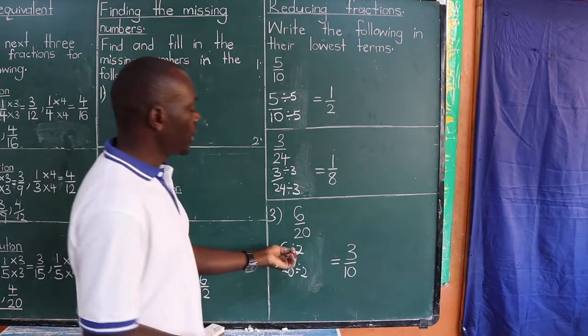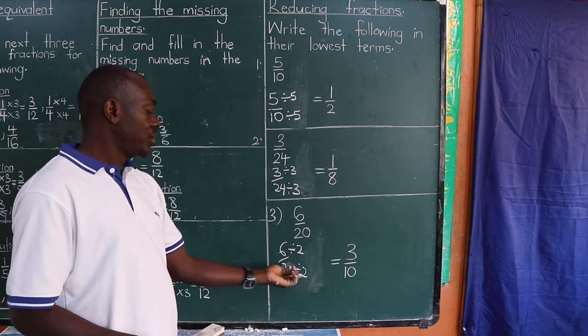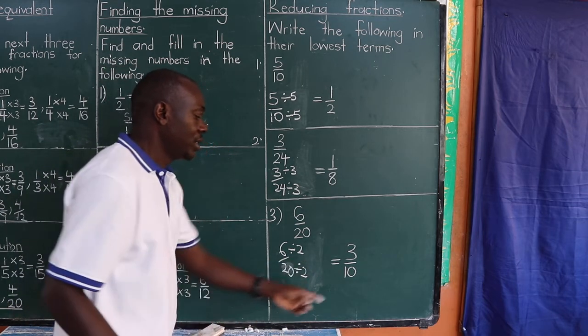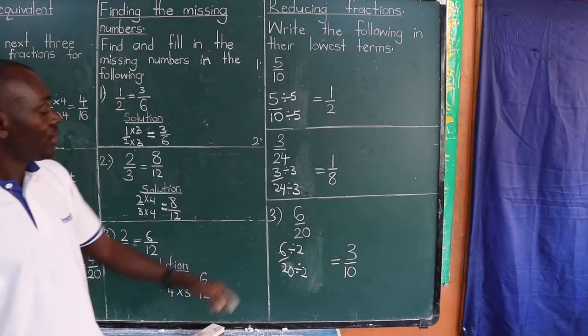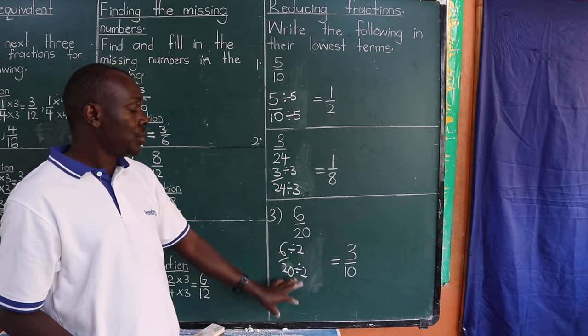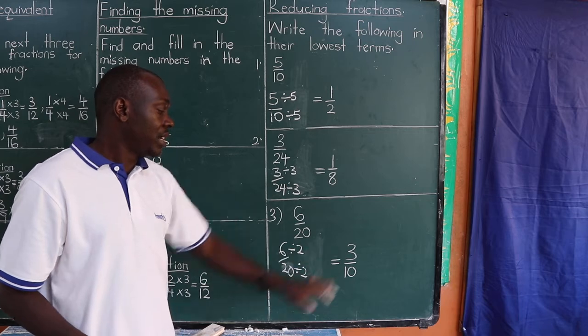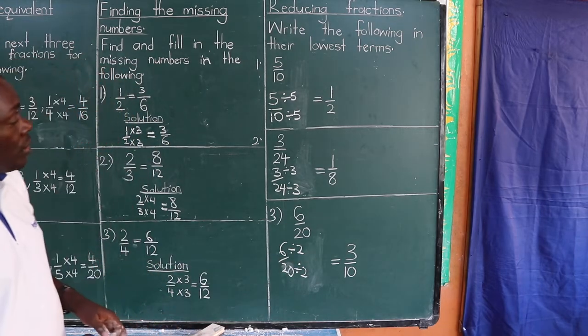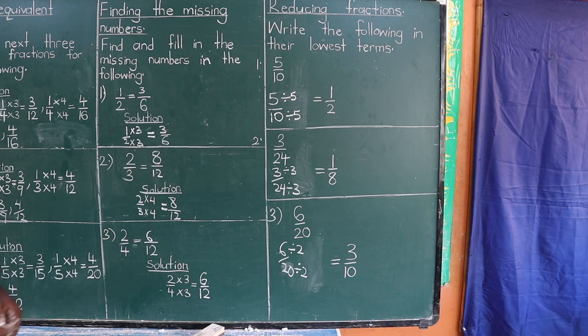So where 6 divided by 2 you get 3, and 20 divided by 2 you get 10. So when 6 out of 20 is reduced to its lowest terms, that's by 2, we get 3 out of 10 and nothing else. That is how we reduce given fractions.